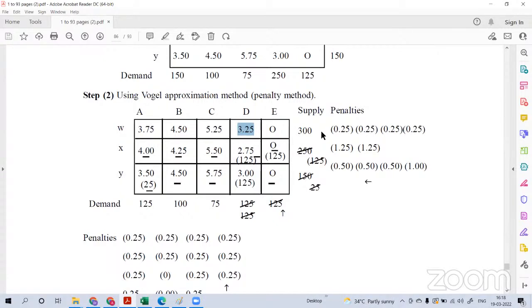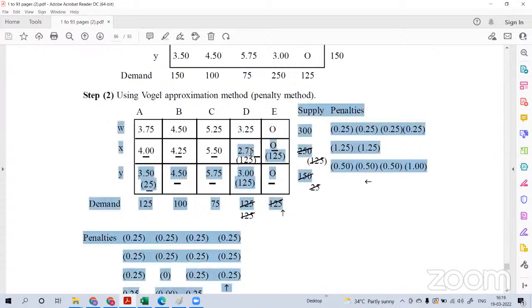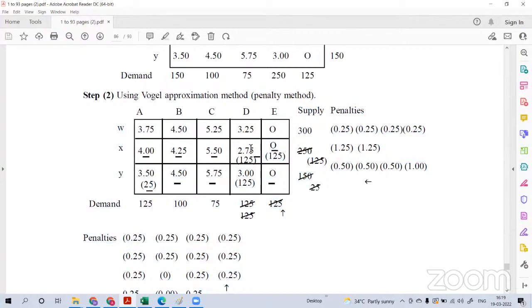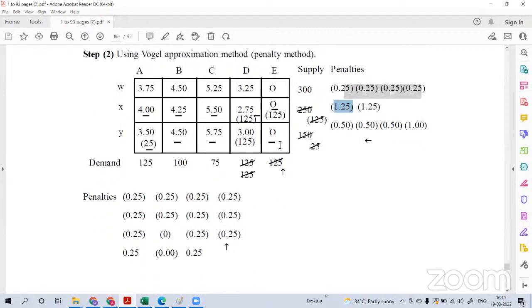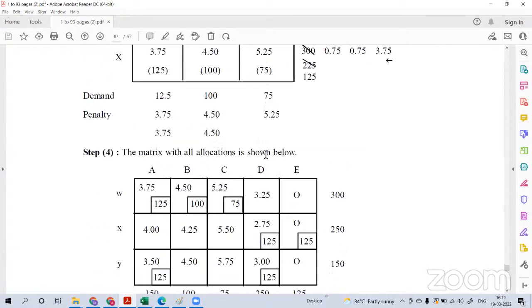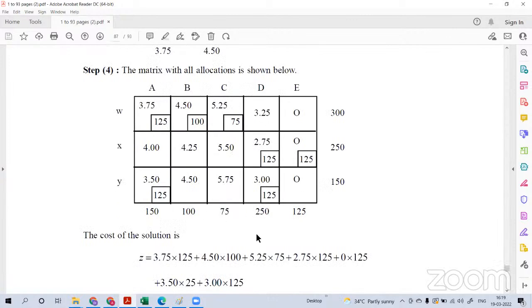The differences I will find. Next differences also. Like here we will apply the supply and demand. According to that, I get the adjustment of availability and demand, and the minimum will be allotted. So from that procedure I can get these allotments.